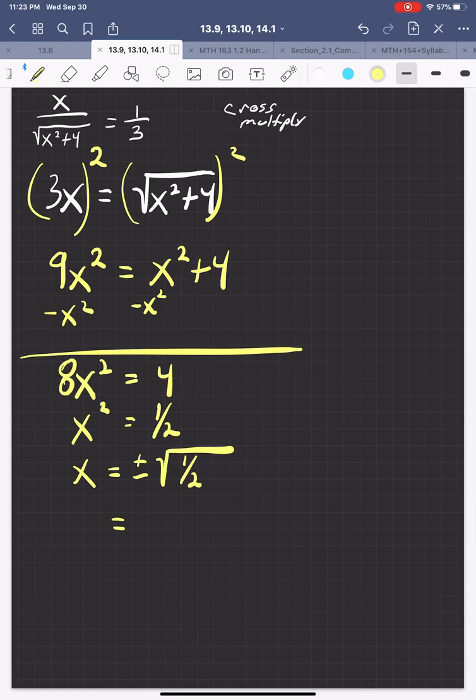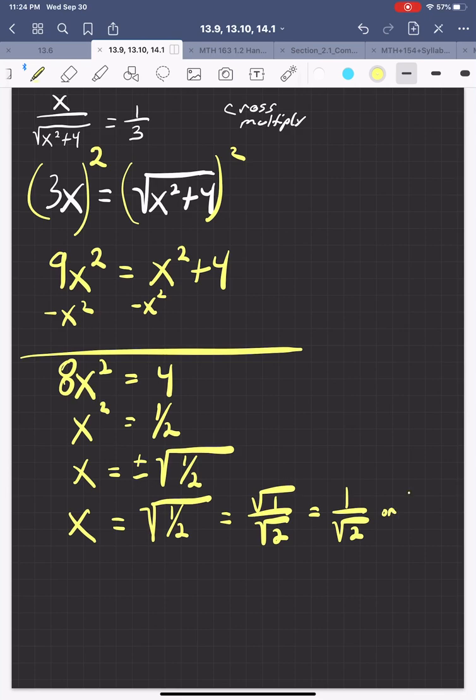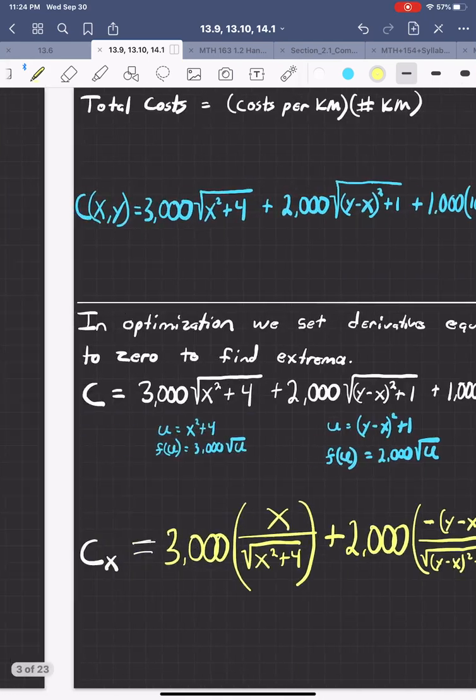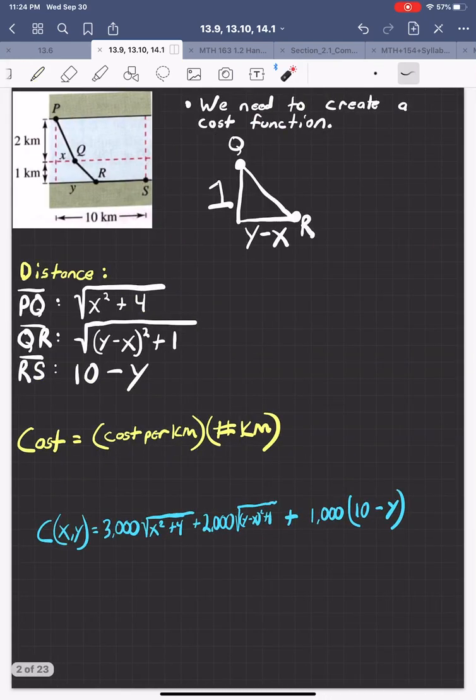So x is equal to the square root of a half, which is 1 over the square root of 2, or if you rationalize, that's the square root of 2 over 2. Either one of these is fine. What have you just found? You found the length right here. That's the distance that you want to travel.